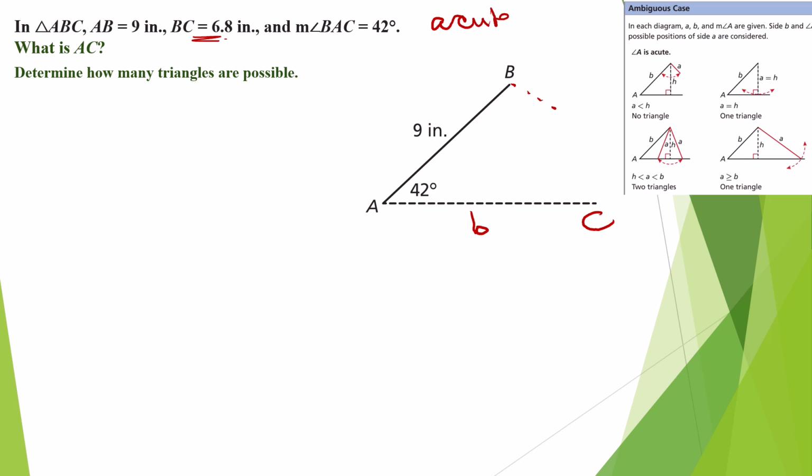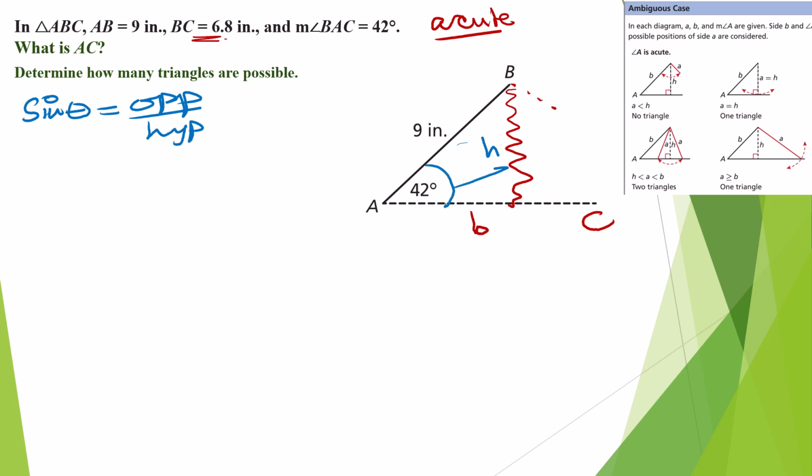Now, in order to find it out, first of all we have to find the height, right? So how to determine the height? We already discussed that the formula of sine theta is opposite over hypotenuse. What is opposite? The side opposite to the angle is opposite, and opposite to the 90 degrees is the hypotenuse. So we write sine theta, where theta means the angle, which is 42 degrees.